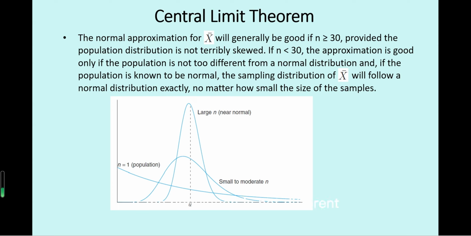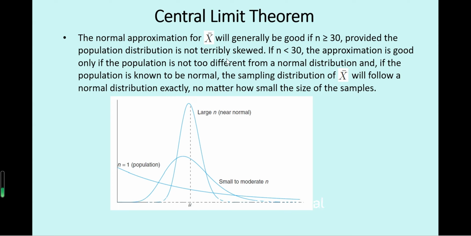If the population is not very different from a normal distribution, and if the population is known to be normal, the sampling distribution of x bar will follow a normal distribution exactly, no matter how small the sample size. So if the population is known to be normal, the sample size is not so strictly important, because the sample average will be very close to the normal distribution.